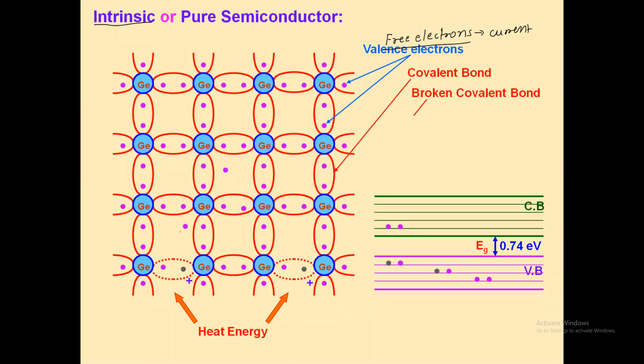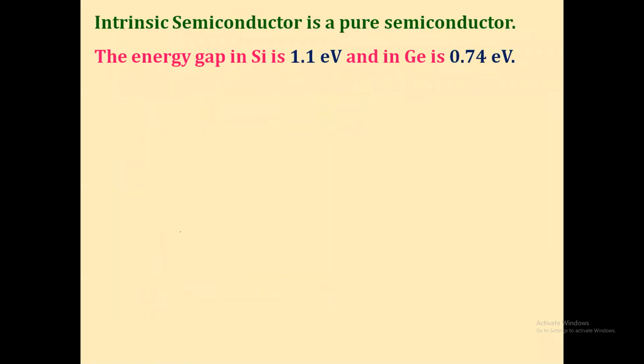These are nothing but covalent bonds. This is nothing but a broken covalent bond due to the heat energy, and these are nothing but the free electrons. Okay. And when electrons move from the valence band to the conduction band, we say that holes are created in the valence band. Okay, so now try to read it.